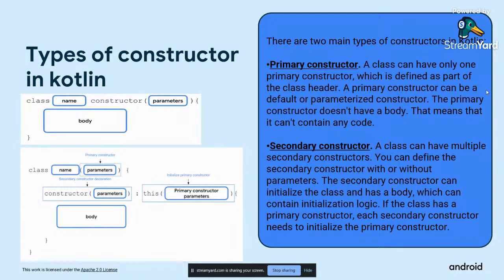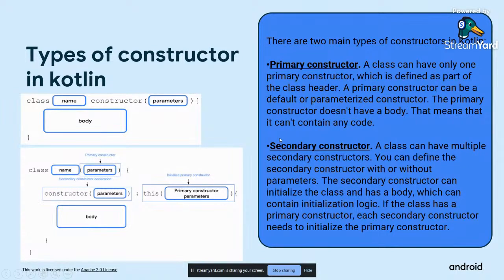The primary constructor does not have a body. That means that it can't contain any code. Here we can see what a primary constructor looks like. First we use the class keyword, then we name the class, then we use the constructor keyword, and here we pass the parameters, and we open curly braces, and here's the body. That's how a primary constructor is defined.